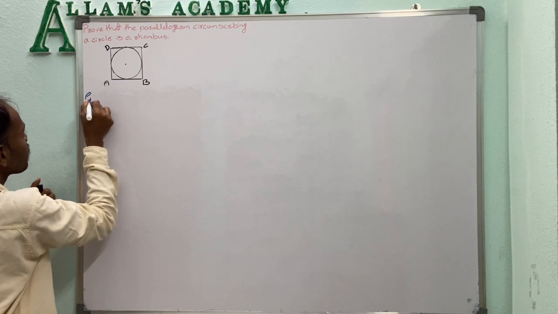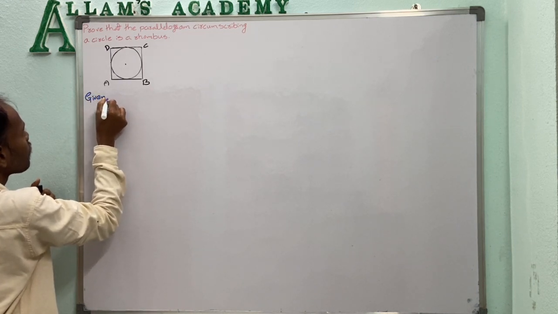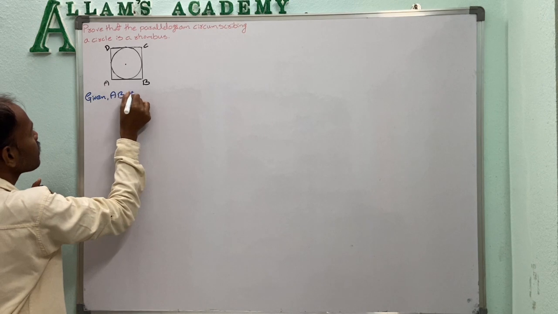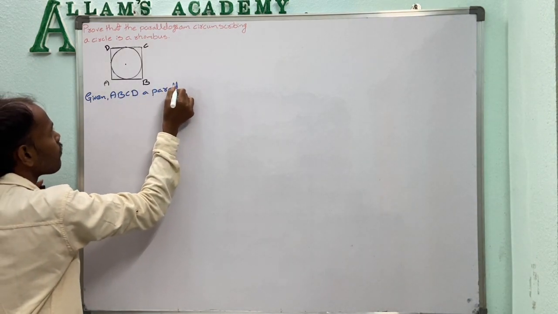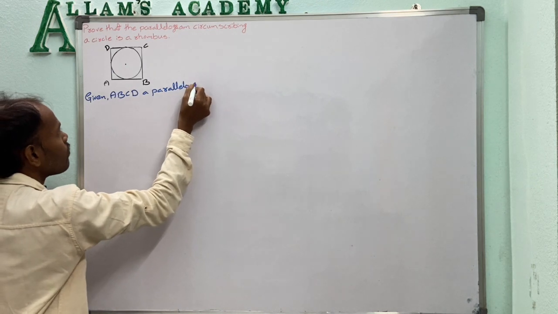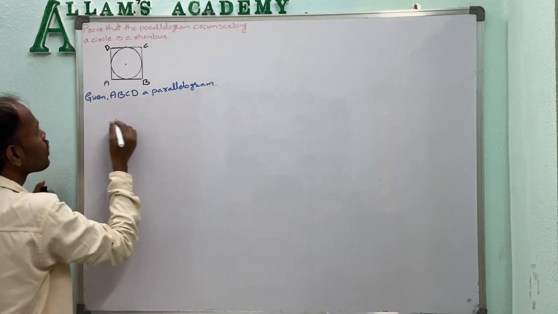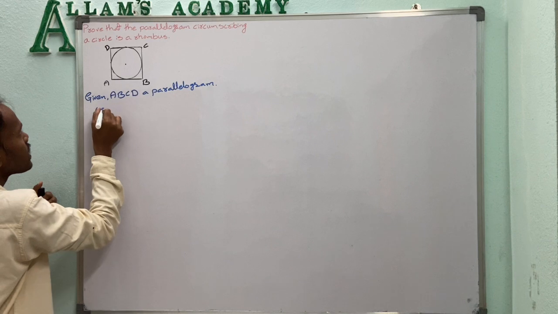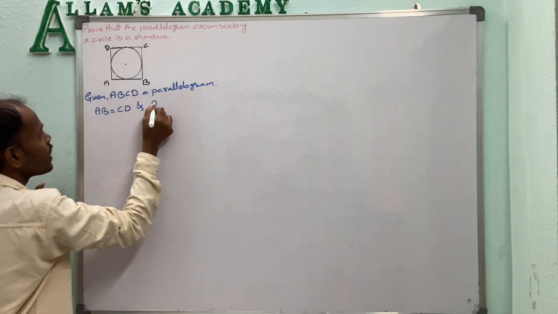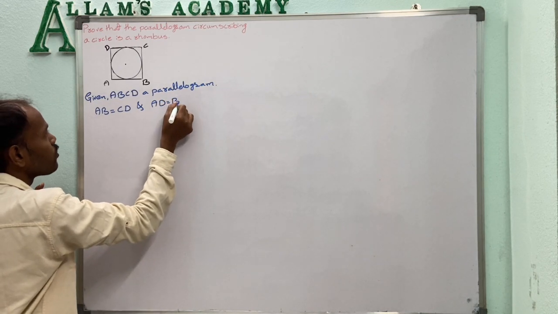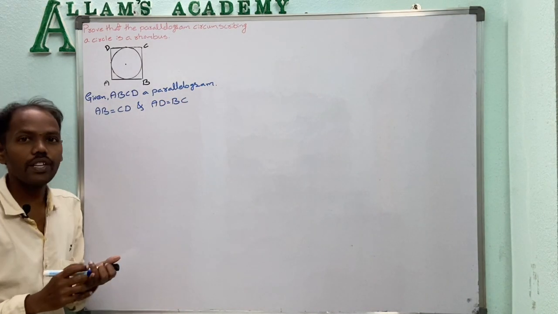So given ABCD a parallelogram, so AB is equal to CD and AD equal to BC, that is what we know.